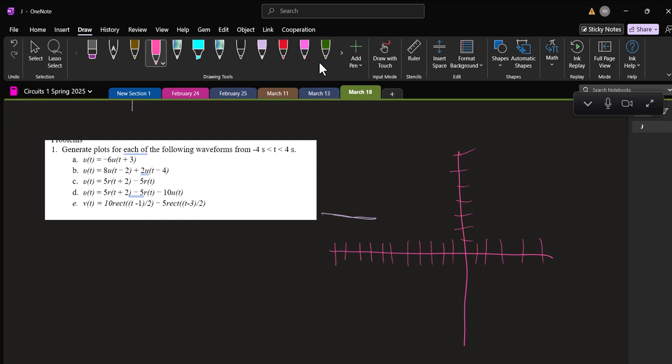So it's 0 until we get to -2. And then once I get to -2, I have a slope of 5. So if I go over 1, I go up 5. And then one more, I'll go up 5 more.